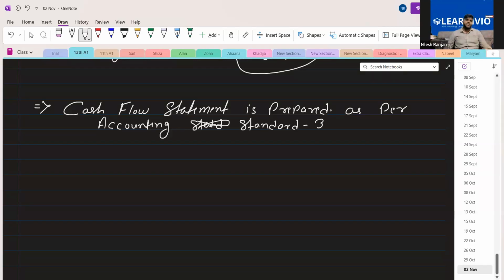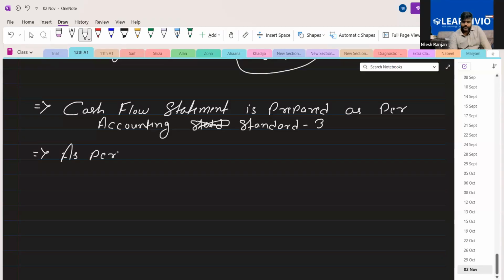There are many standards issued by the Institute of Chartered Accountants of India, and also there are international accounting standards applicable in different countries. They have various guidelines to prepare the cash flow statement. The cash flow statement you are studying right now is as per the Institute of Chartered Accountants of India. As per this accounting standard, cash is classified into 3 different categories.